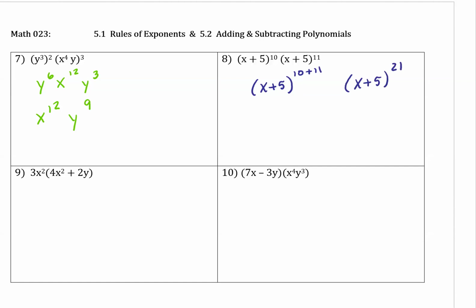And as a little extra bonus here, keep in mind that if you have like x plus 2 times x plus 2 to the 20th, that there's a 1 if it's not written. So this would be x plus 2 to the 21st.